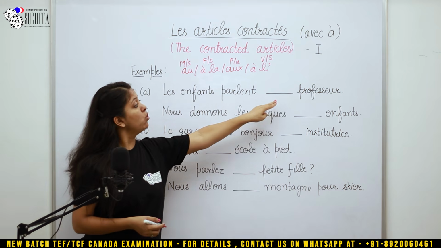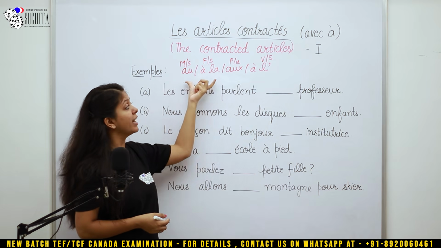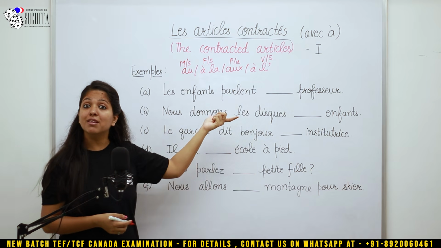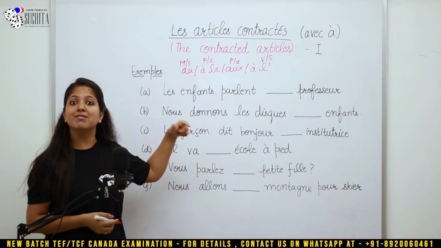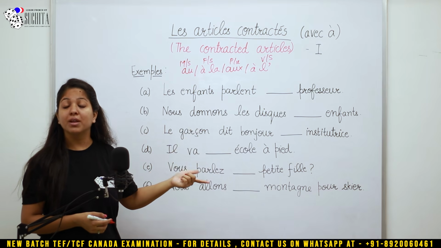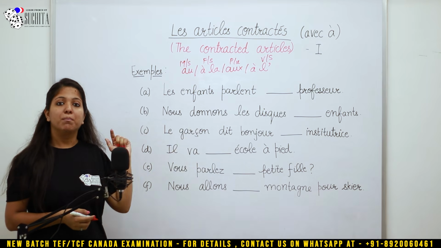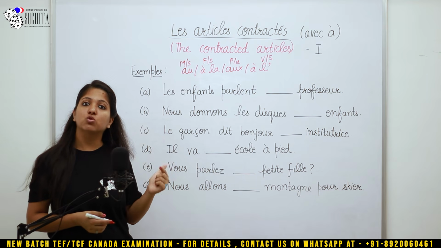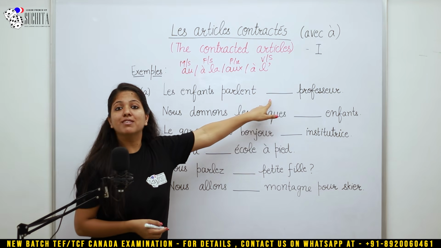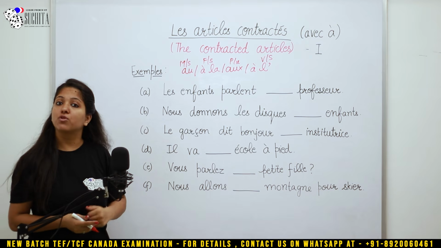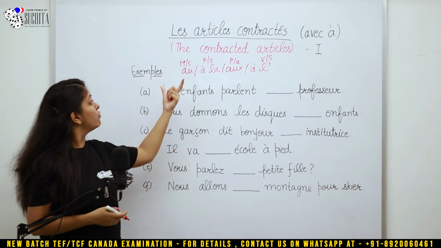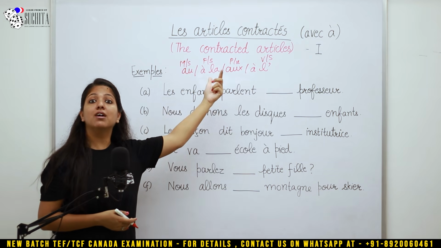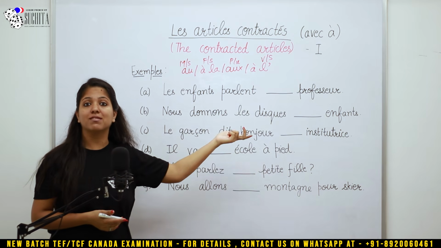Perfectly alright. Now you have to select one amongst these four because the meaning of all four of them is in the, at the or to the. That you will select by looking at the word which is next to the dash. Now the word which is next to the dash is professeur. Now you have to look. Professeur, c'est masculin, féminin, pluriel, voyelle, what is it?